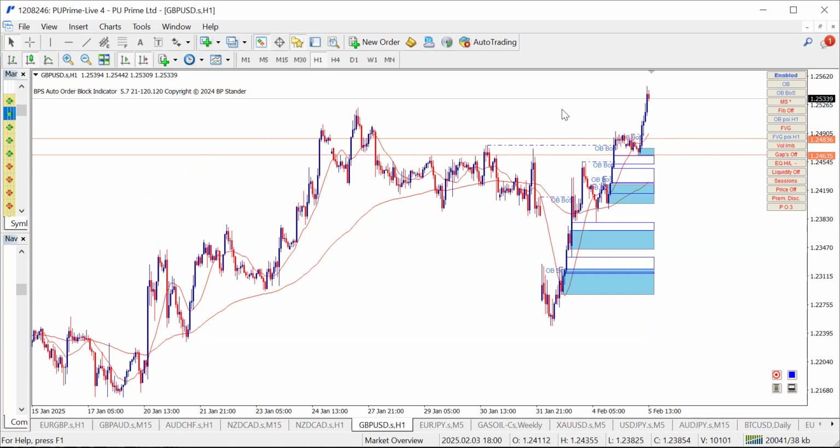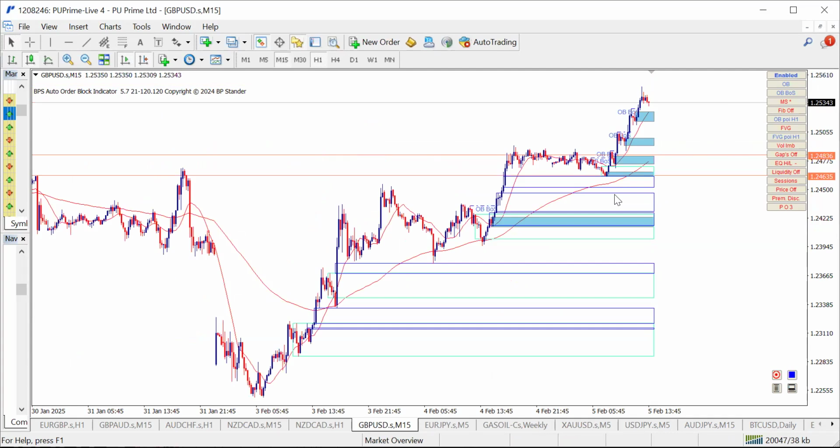This area is a very, very strong support area that I would love to see buyers coming in to take out. If we have a rejection here, we might continue depending on the strength of the trend. But as it is, we are looking towards a proper retracement before the market continues moving to the upside.